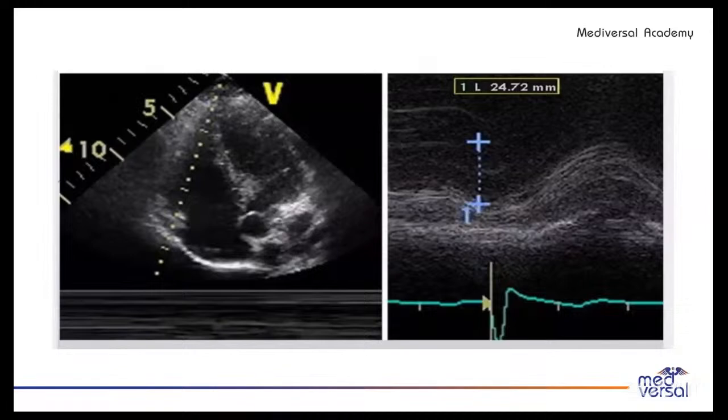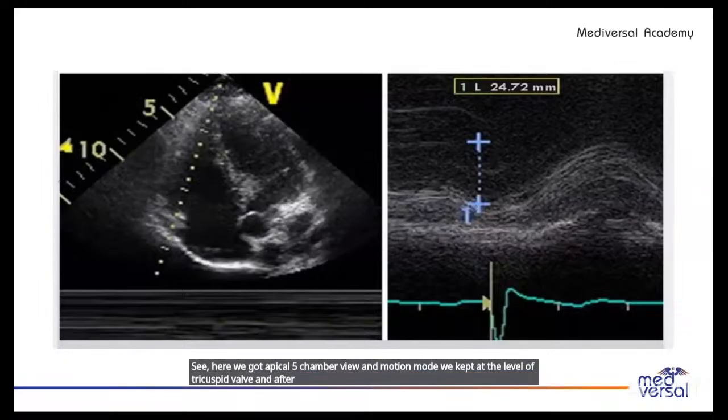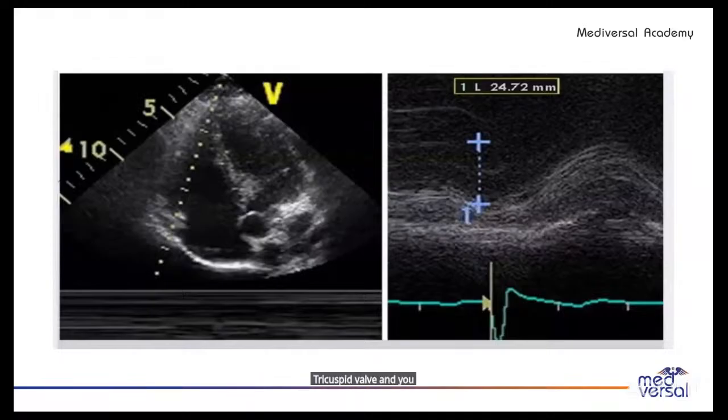Here we have the apical 5 chamber view, and we kept the M mode at the level of the tricuspid valve, and after placing M mode you will get the M mode at the level of the tricuspid valve, and you have to measure the distance like this.